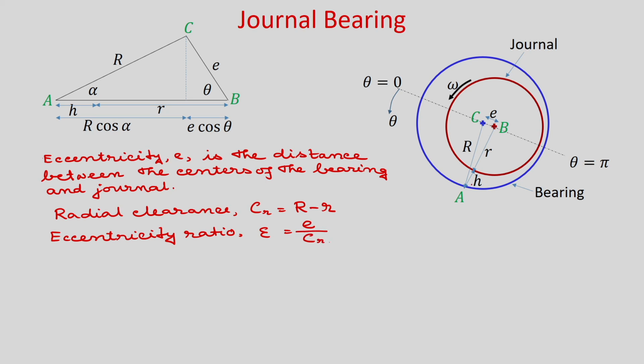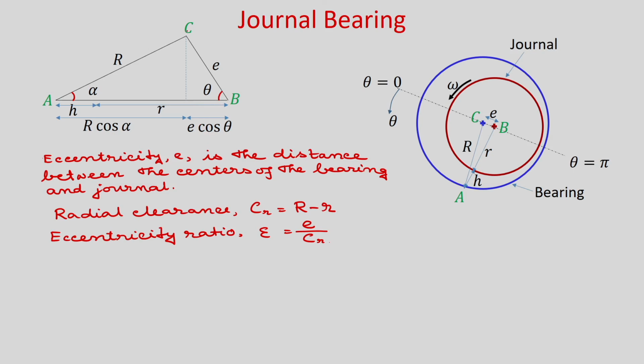So now if you consider this triangle ABC, obviously you can see that AB is the length r plus h and AC is the length capital R and BC is the eccentricity E, and this angle is theta. Okay. So at any angle we are considering. So this is theta and let us say this is alpha. So you can see that as it is theta, the component of BC on this AB will be just E cos theta.